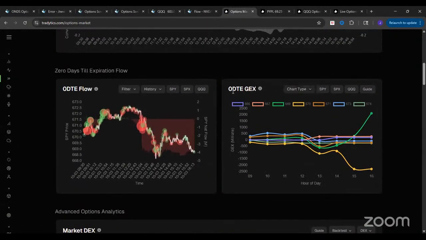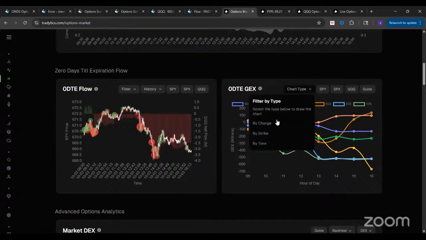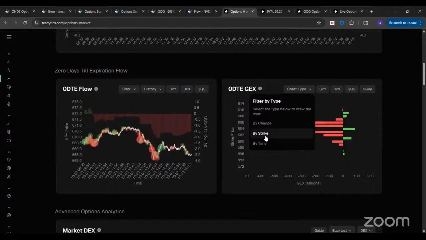Down here, this is the zero DTE GEX. It gives me the GEX level for SPY, QQQ, and SPX. I don't really see why they have to put SPY and SPX, but I use QQQ, and in the chart, it gives me a GEX level by strike.